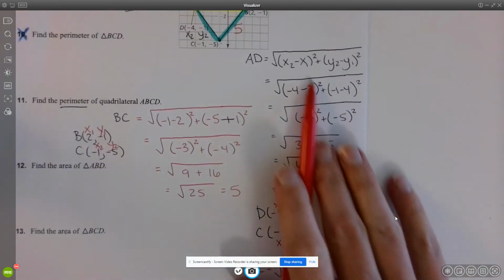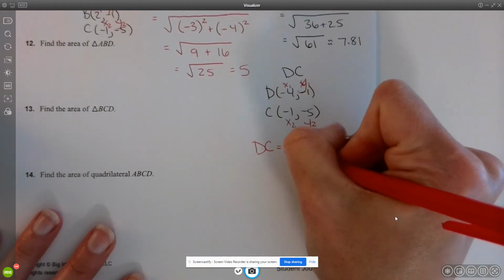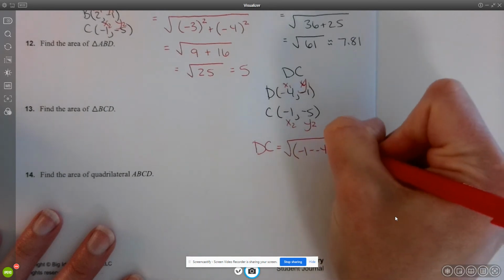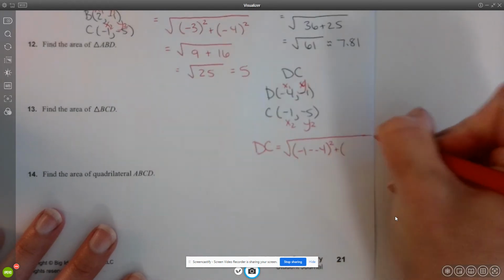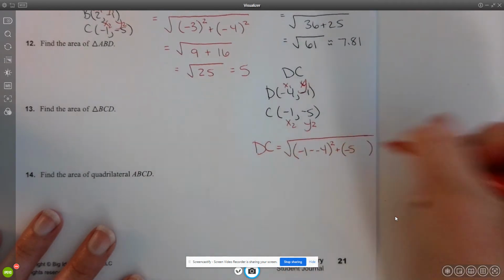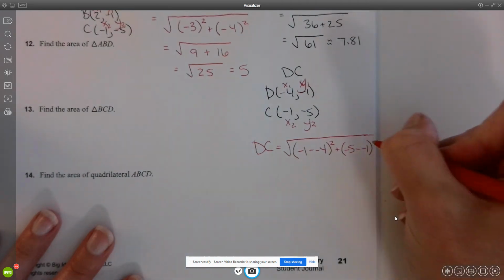Again, you can go back up here and use this as a reference. y2 minus y1 is -1 minus -4. y2 minus y1 is -5 minus -1.